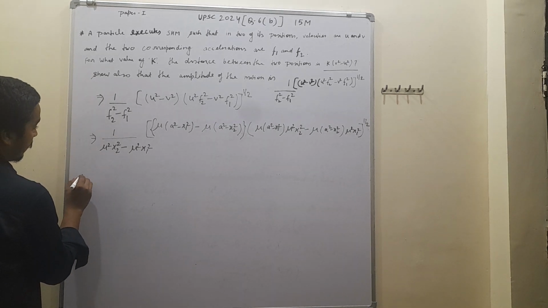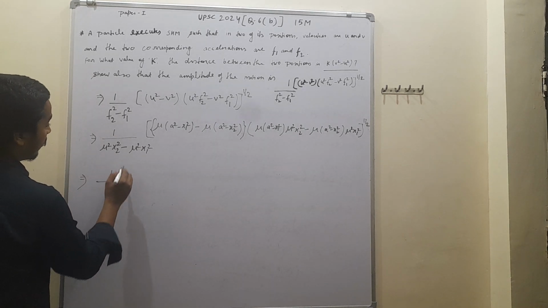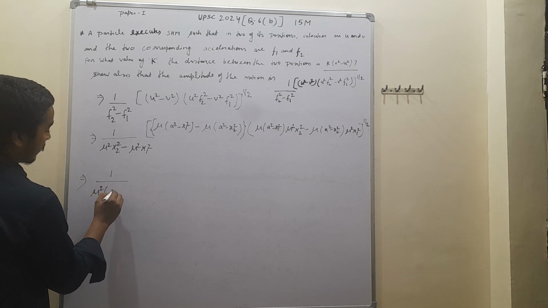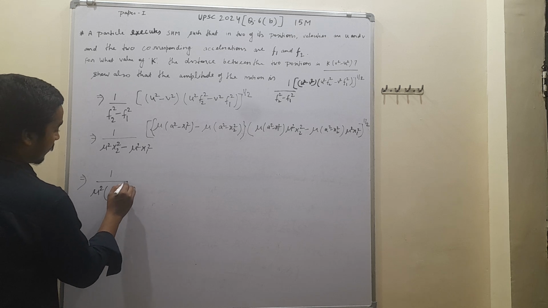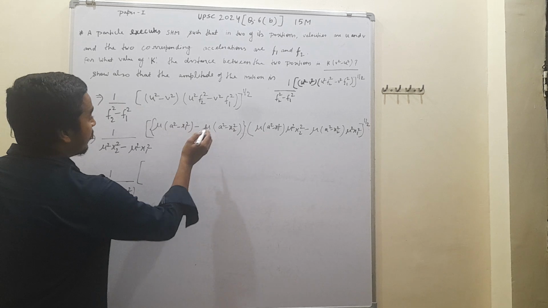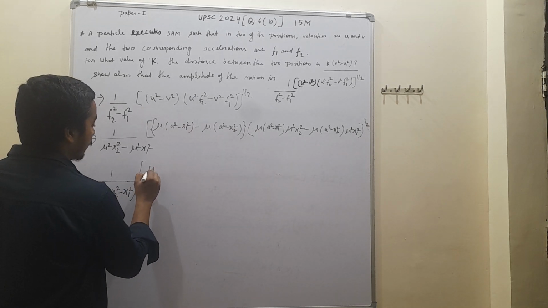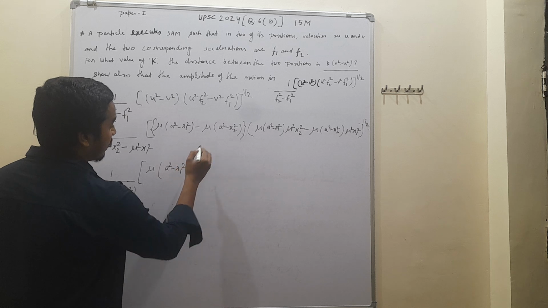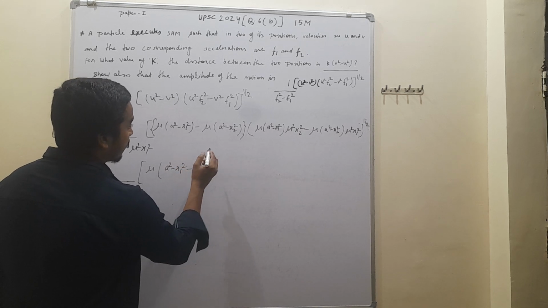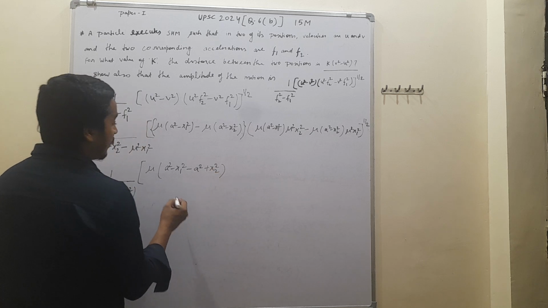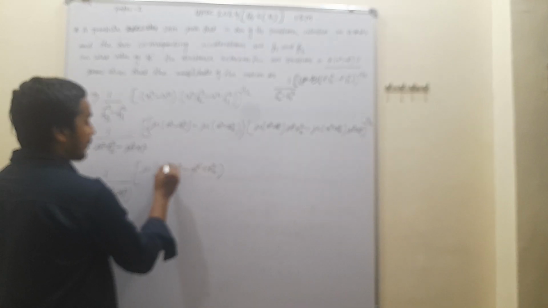From here 1 upon mu square is common, that is (x2 square minus x1 square). Here mu is common, (a square minus x1 square) minus of (a square minus x2 square). Minus a square plus a square cancel out.